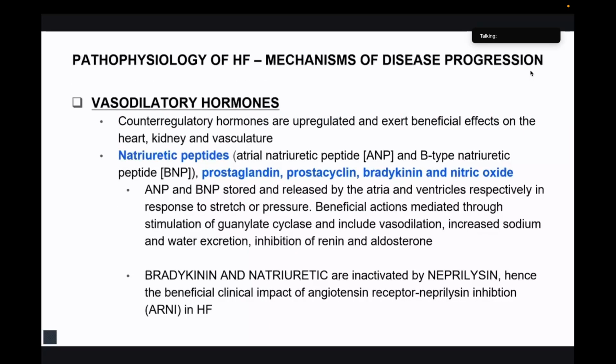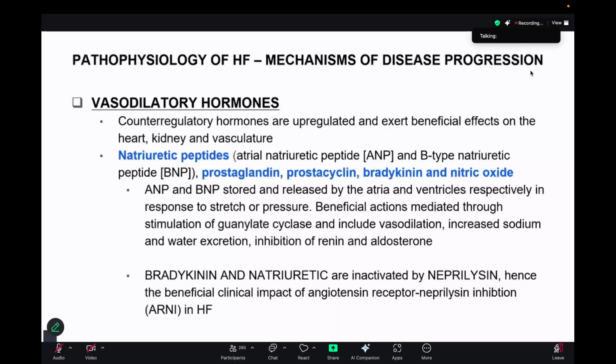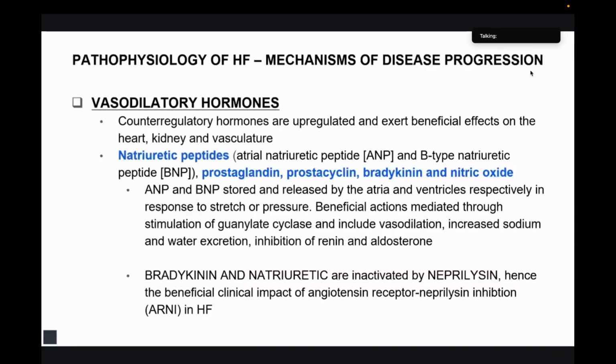Another mechanism that helps to progress the disease within heart failure is the presence of vasodilatory hormones. Counter-regulatory hormones are upregulated and exert beneficial effects on the heart, kidney, and vasculature. These are your natriuretic peptides, your ANP and BNP, prostaglandin, prostacyclin, bradykinin, and nitric oxide.